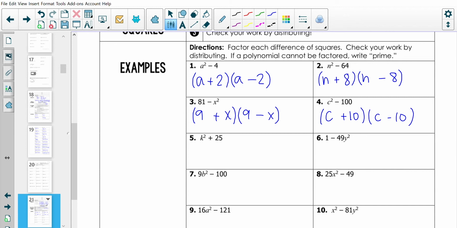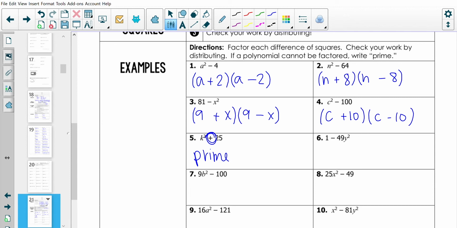Okay, on number 5, why can we not find the difference of squares here? The plus sign. So this would be prime. You cannot take anything out of k squared and 25 like we did yesterday. There's no greatest common factor, and it is not a difference, so it is prime.